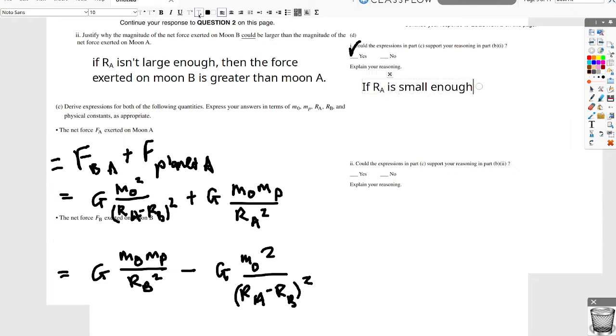If RA is small enough, then the force of the planet on A will be smaller than the force of AB, which means the net force on A is larger than the net force on B.